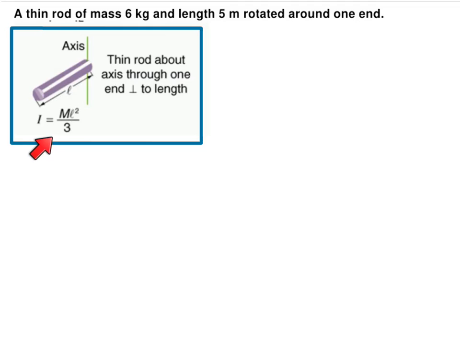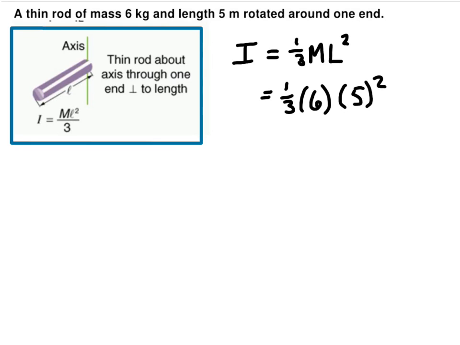And so its moment of inertia is ml squared divided by 3. So I'm going to write that formula down. And then all I have to do is plug in the mass of the rod and its length. And when I evaluate that expression, I'm going to get 50 kilogram meters squared.